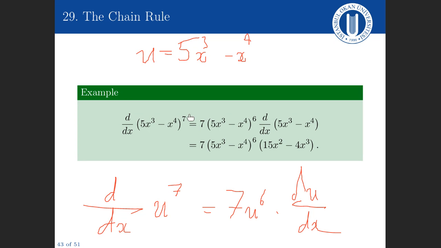So that's 7 times 5x cubed minus x to the 4 as our u to the power 6, and then multiplied by the derivative of u, or the derivative of 5x to the power 3 minus x to the power 4.